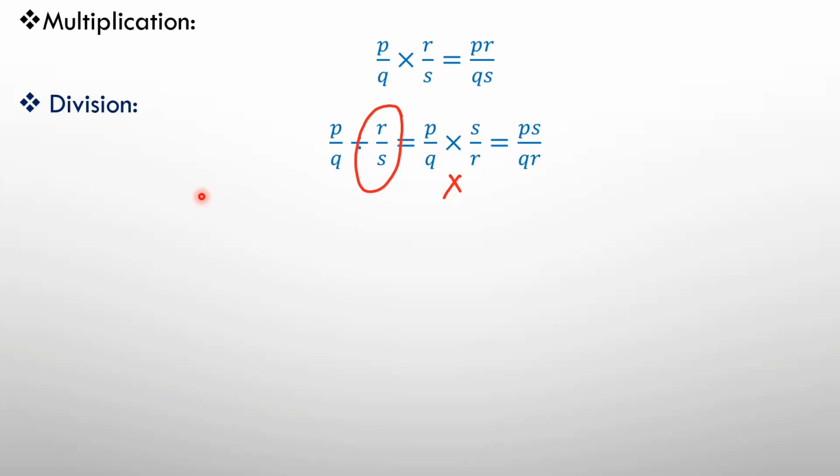Just reverse it. So division can be equal to multiplication by taking the reciprocal. So P upon Q divided by R upon S is equal to P upon Q into S upon R. And we know how to do multiplication. Numerator multiplied by numerator, so P into S, and denominator into denominator, Q into R.